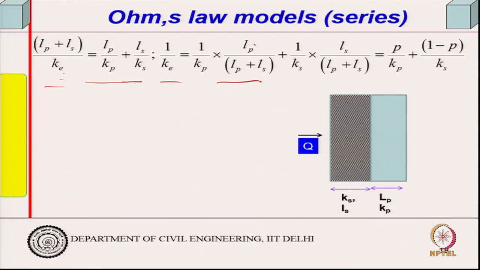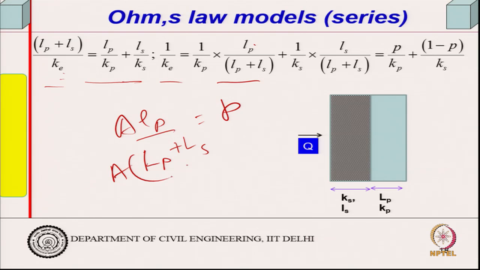Now, what is this Lp by Lp plus Ls? This is the proportion. If the area is same, then this is basically Lp by Lp plus Ls, which is nothing but porosity. If the area is same, because this into A, this into A, right. So, this is a volumetric ratio, the volume of pores divided by total.